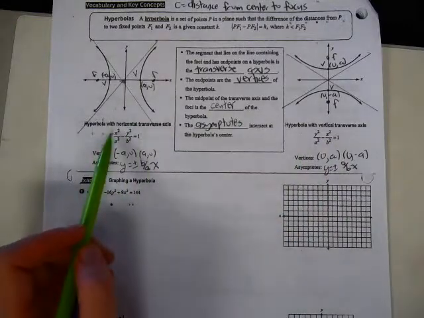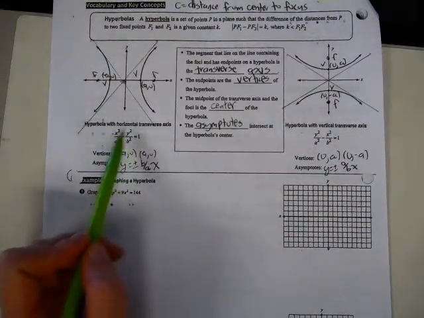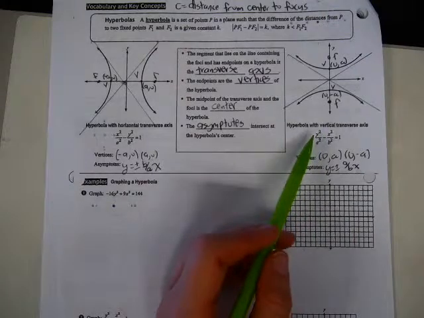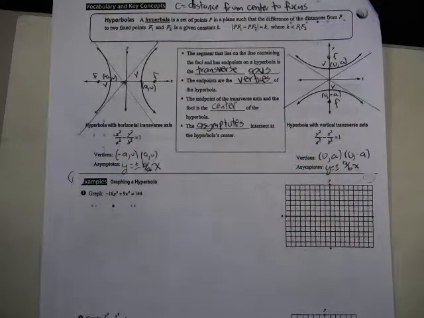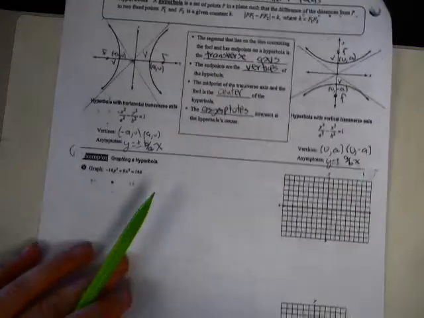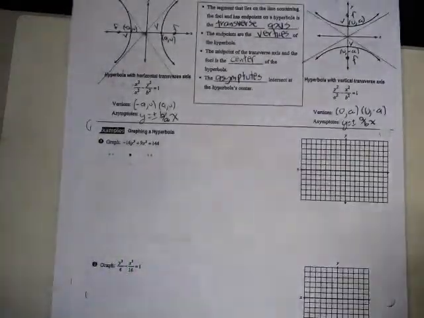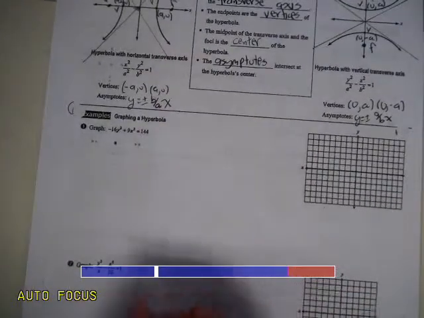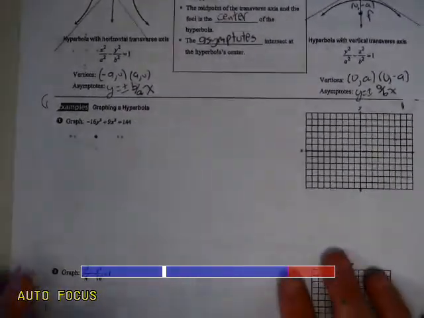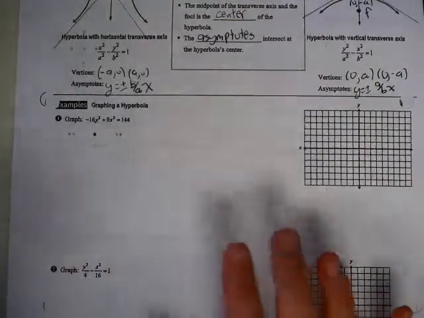The different thing is that we now have minus instead of plus. So with hyperbolas you always have a minus between them. And with hyperbolas the a does not have to be bigger than b. So that being said, I need a 1 here. So I will divide each piece by 144.